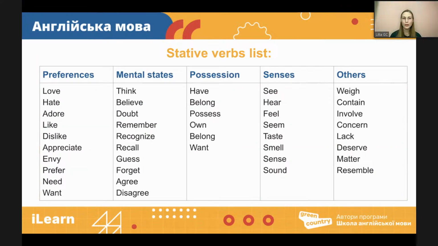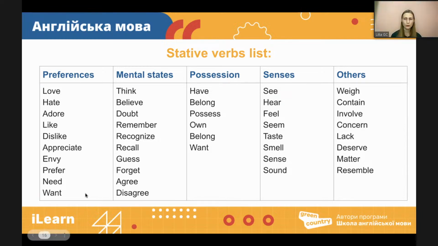So here we have a list of stative verbs. Of course, not all of them, because the list is much bigger, but at least the most important ones. So you can check the categories like preferences, вподобання. All the verbs here mean some of our likes or dislikes.